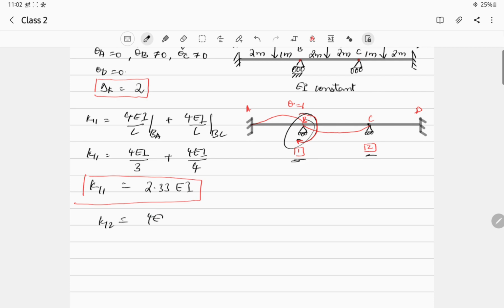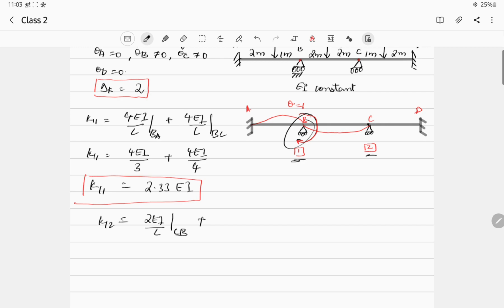It will be 4EI by L for span CB plus, you can see here we don't have any rotation. So K12 will be equal to 2EI by L, not 4EI by L. Why? Because this part is not getting rotated.